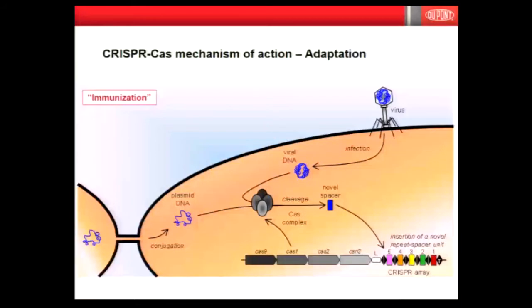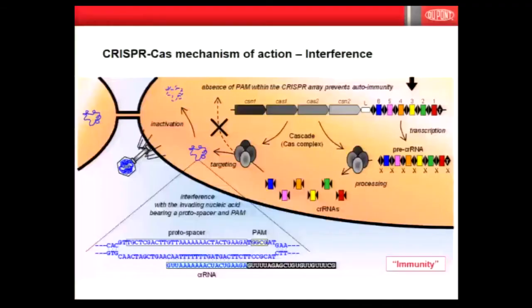And by doing so, also the first repeat is duplicated in order to maintain this motif: repeat, spacer, etc.